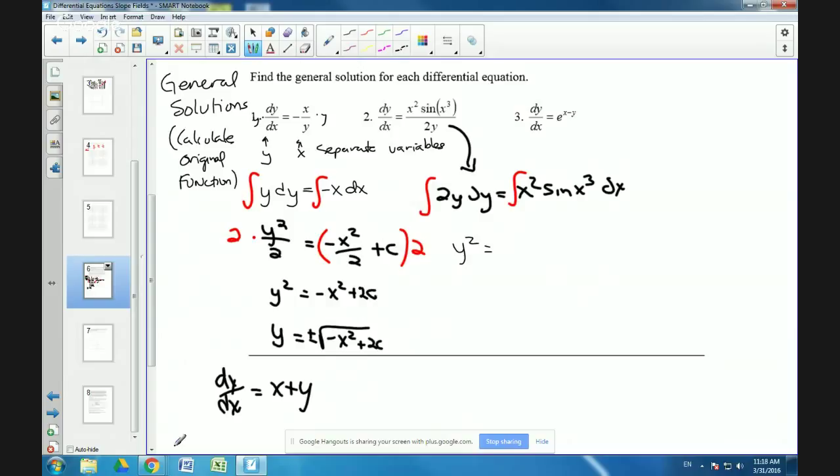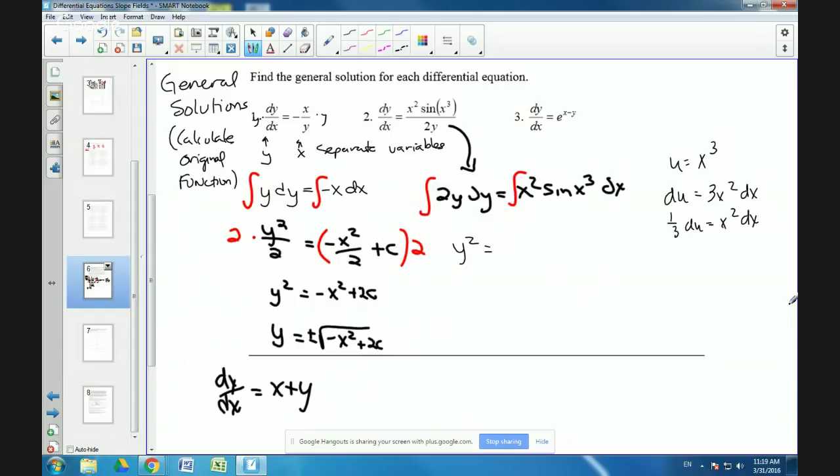Any ideas on that one? U is x squared. 1/3 du is x squared, right? Yes.